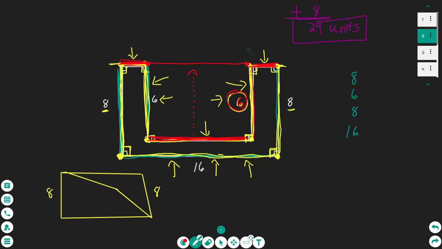Now, do you see how this length from here to here is the same line as the one at the bottom here? How do I know it's the same line? Because of the 90-degree angles, okay? Because this is a perfect box here, the bottom of the box, the one side of the box, is going to be the same length as the top of the box.